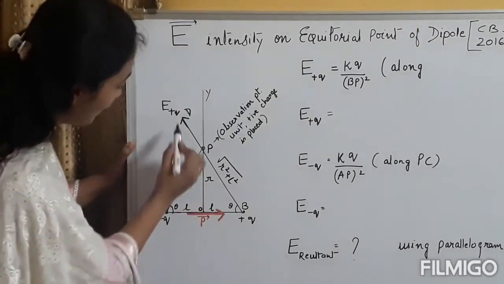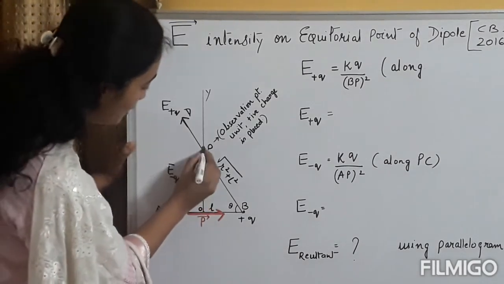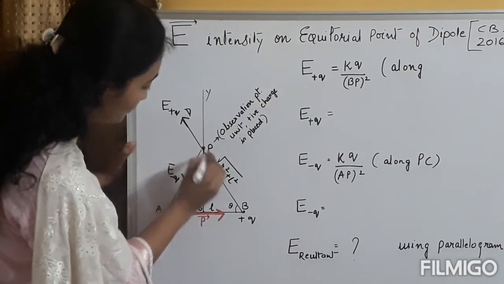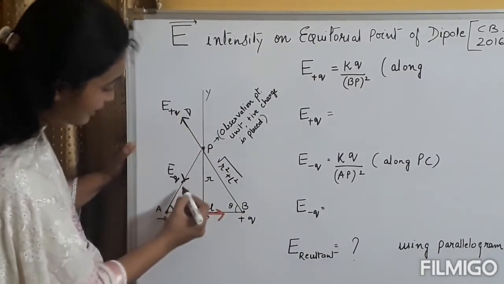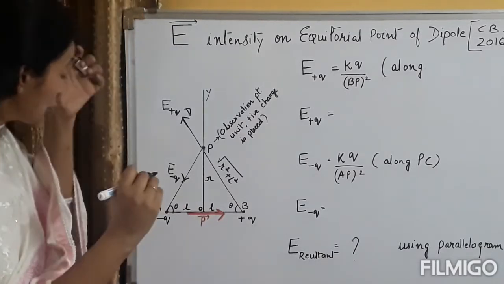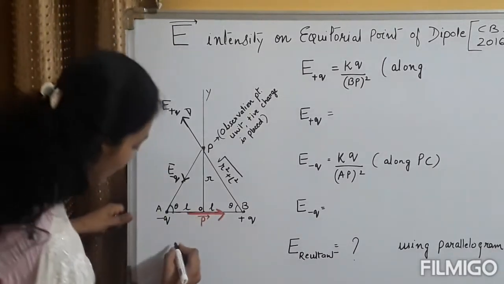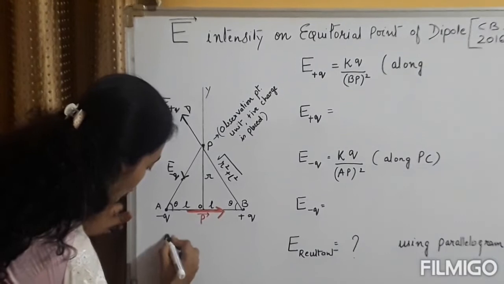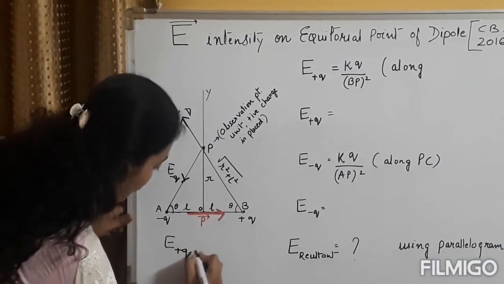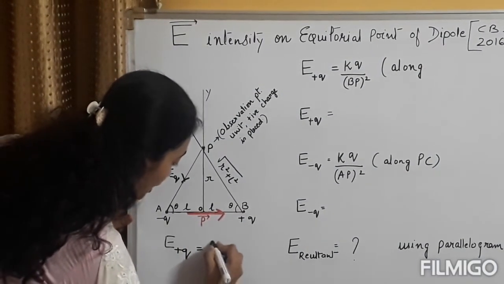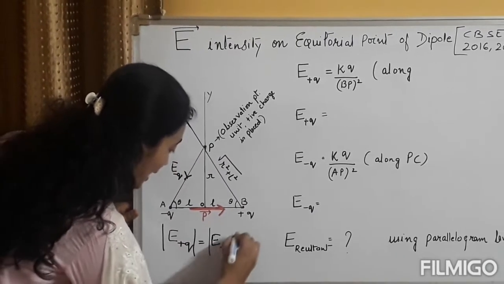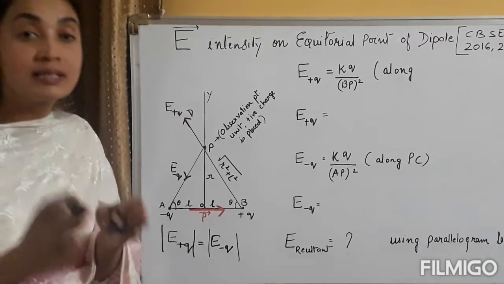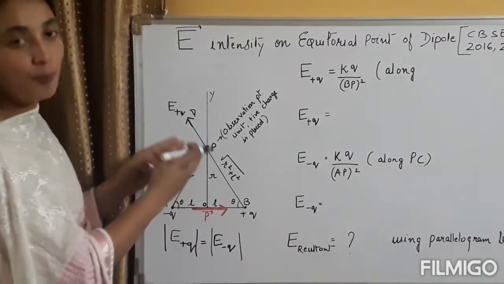So electric field we have plotted at the same point P. We are having electric field due to plus Q in this direction, electric field due to minus Q in this direction. And I am sure that by now you know that electric field due to plus Q will be equal to electric field due to minus Q in its magnitude. Magnitude wise they will be same, directions are opposite.